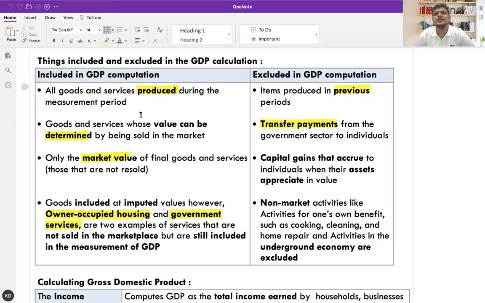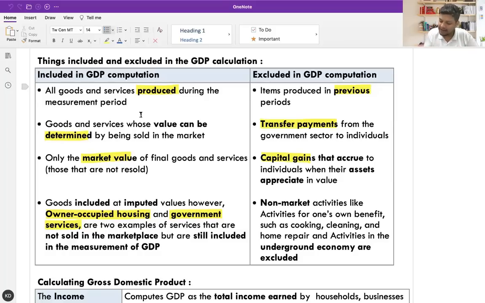And unrealized gains and losses, for example, capital gains that accrue to individuals when their assets appreciate. So you have gold and I have real estate, and if our values have appreciated, that unrealized gain and loss will not be a part of GDP. Clear? Right?